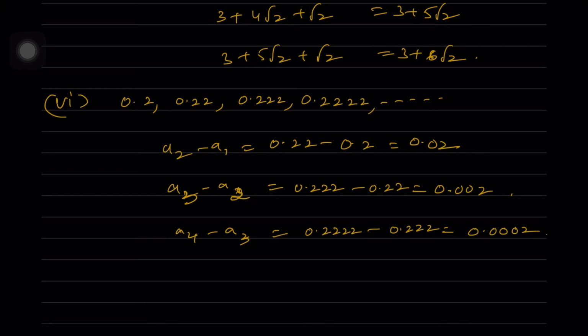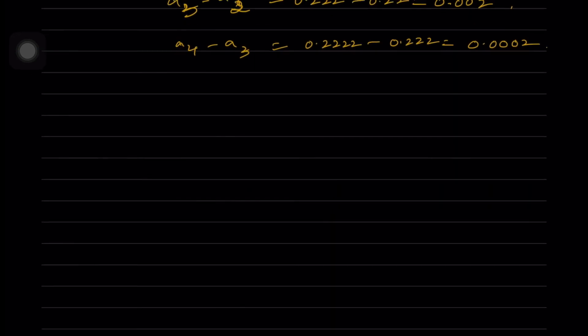So therefore here the common difference is not equal, so the given list of numbers does not form an AP. Since a2 minus a1 is not equal to a3 minus a2, they do not form an AP.